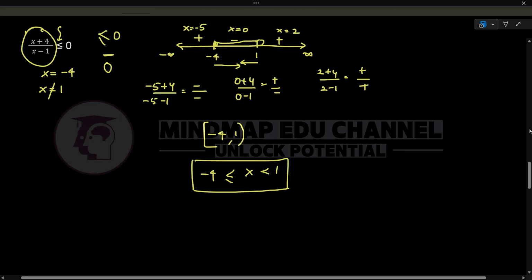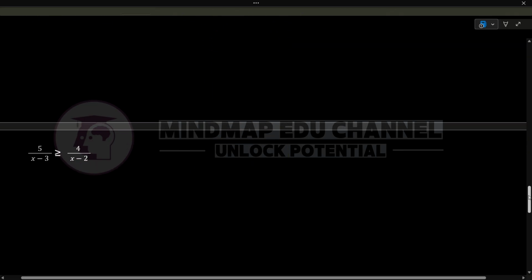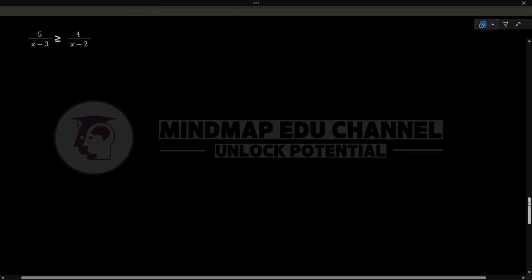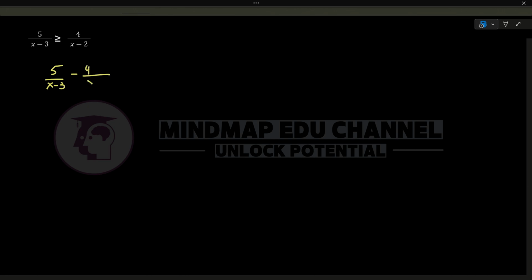Clear? Fine. Let's do a different type of example here. It is 5 over x minus 3 greater than or equal to 4 over x minus 2. So what you have to do here is bring all the terms to one side. So it will become 5 over x minus 3 minus 4 over x minus 2 greater than or equal to 0.